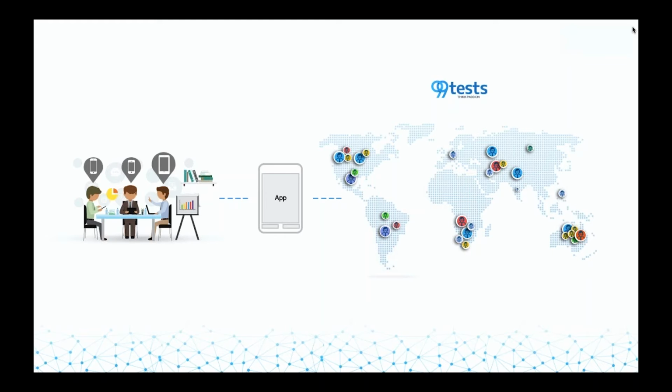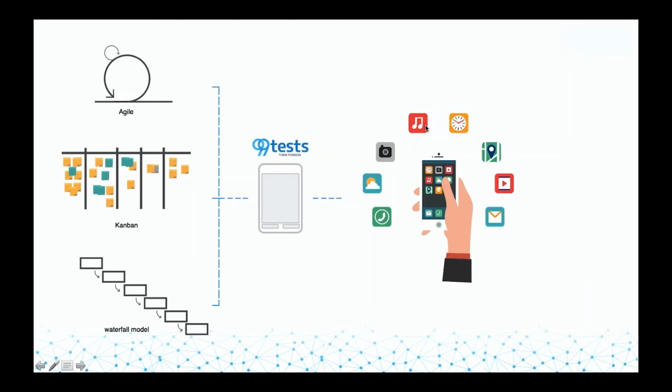So we were able to release the product across a very large set of countries and geographies to make sure the app works very well. So this is the power of the crowd. You're able to get a very large set of testers across the world with just a click of a button.